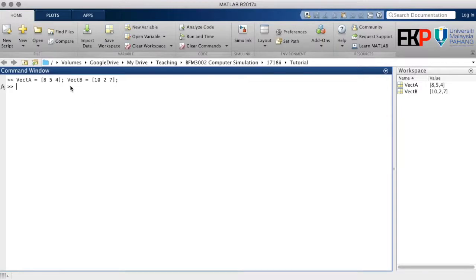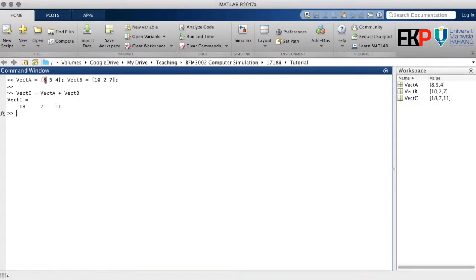Since I put a semicolon at the end, these two vectors will not be displayed by MATLAB, but they appear in the workspace over here. So let's say we want vector C to be equal to vector A plus vector B. Then we get the answer 18, 7, and 11.